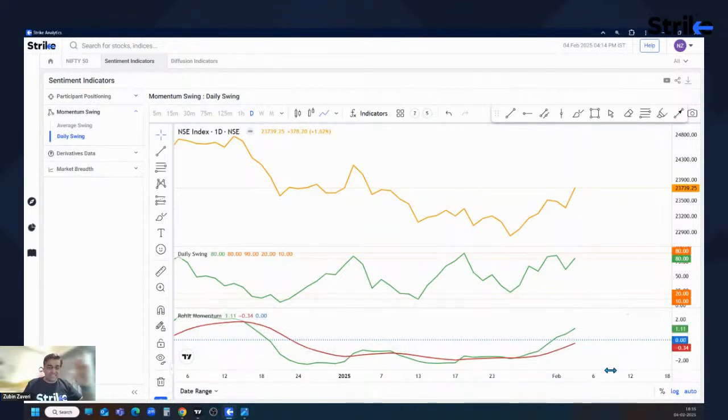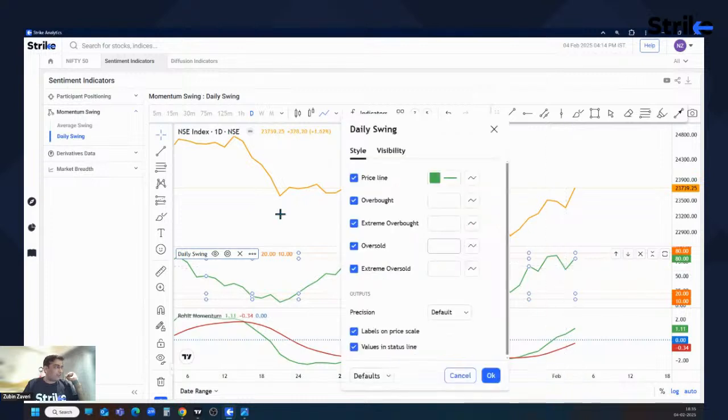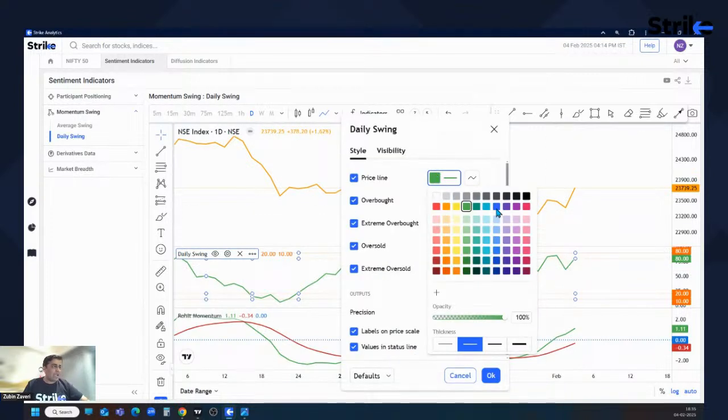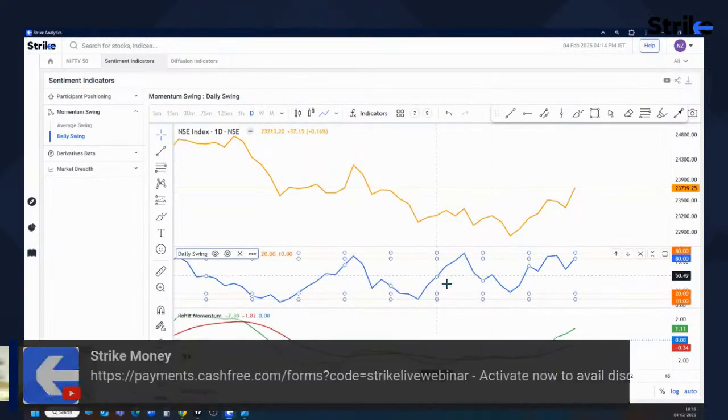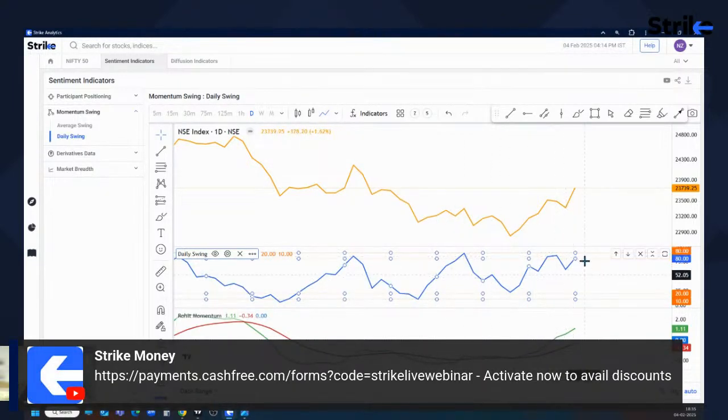It has increased. So the daily swing indicator on the top over here, let me change its color so that you guys don't get confused. I will mark this in blue. So this blue line, which is the daily swing indicator, the current reading is 80. So what does this mean?